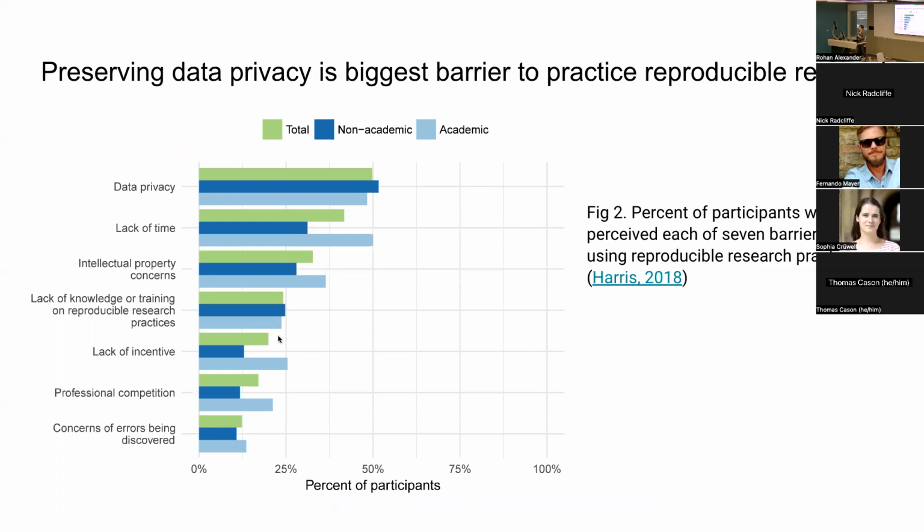And the second reason is lack of time, especially for academics. So I thought that was funny, that academics don't have time to make their research reproducible, which is ironic because I'm sure the academics are the ones who are calling for reproducible science.